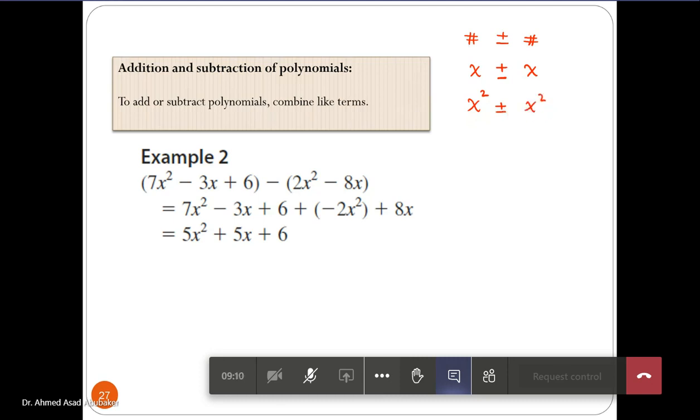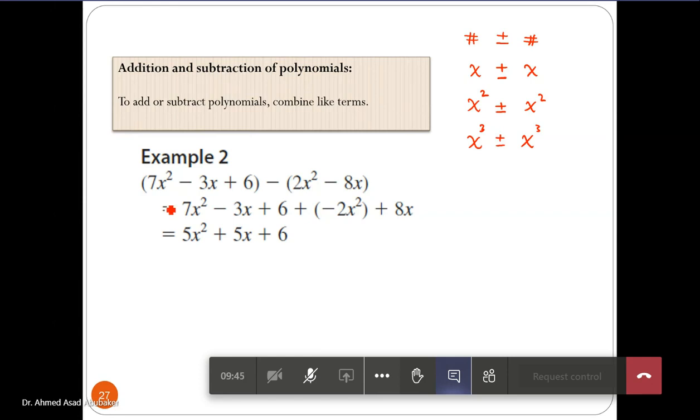We cannot add or subtract x squared with x, or x to the power 3 with x, or with x to the power 2. Each type you can sum with its own type. So if we have the same exponent, we can add or subtract two terms. Otherwise, we keep the two terms as they are.